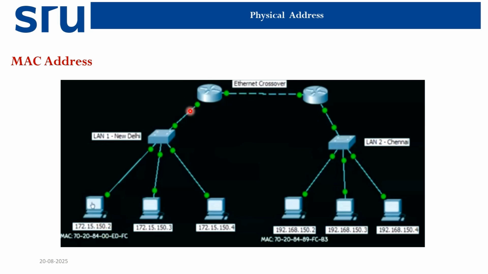Actually, the router needs the IP address and switches need the MAC address in order to send data or to establish communication between the devices. For example, this is the source. It wants to send some data to the destination. The data it is going to send, it adds an IP address and a MAC address.